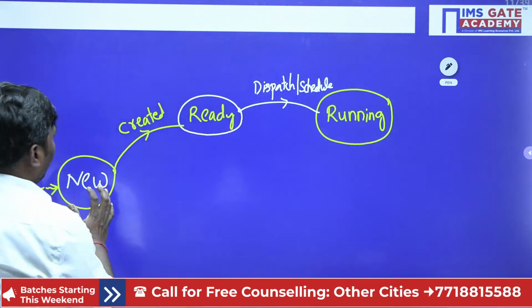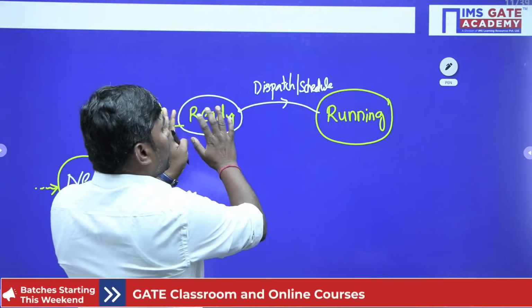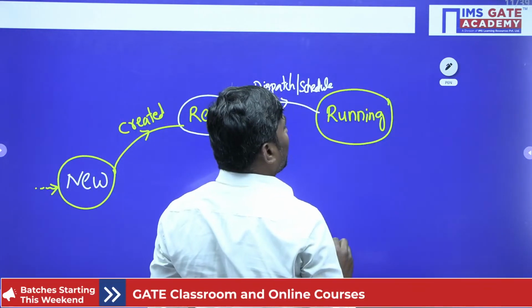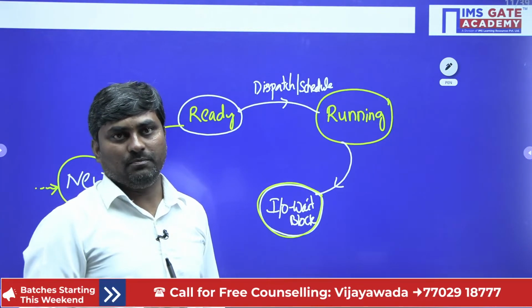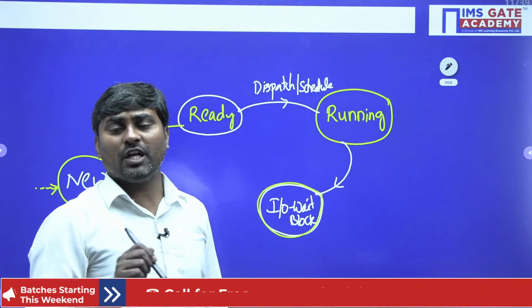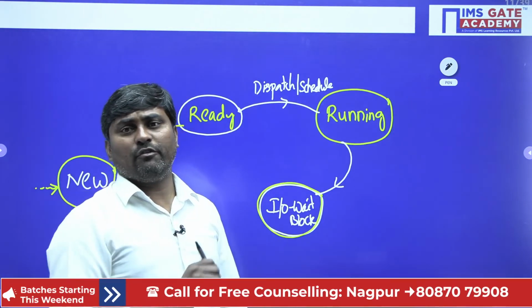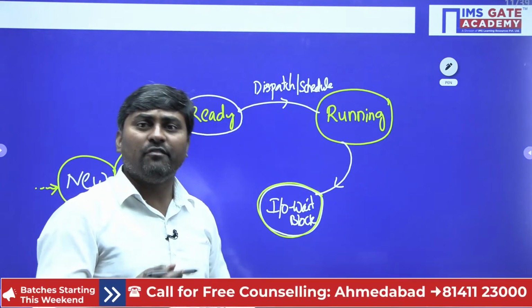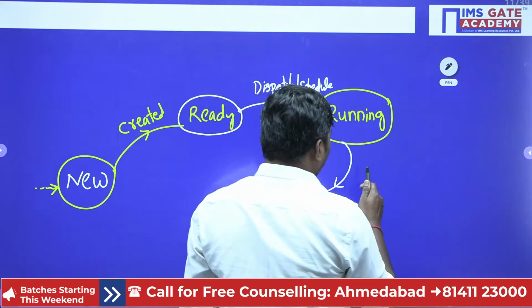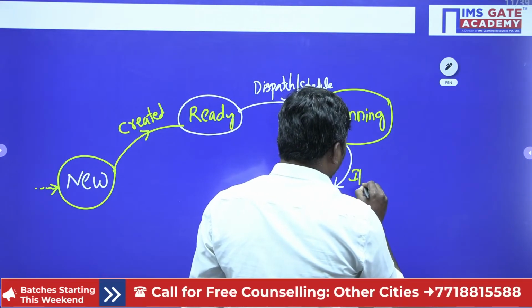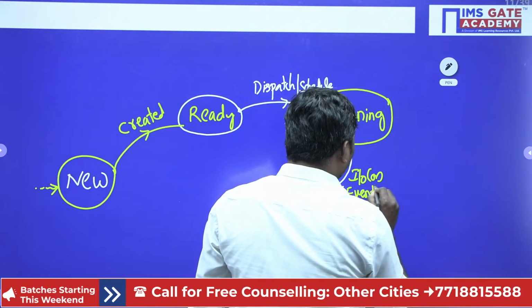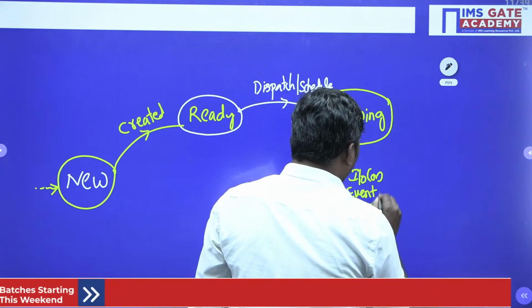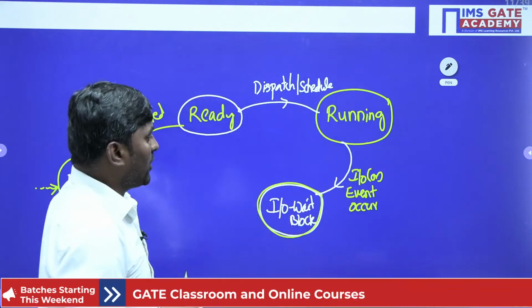After creation I am loading the process here, then scheduling it based on the availability of the CPU. Now the process starts execution. If the running process requires any IO activity or any event occurs, the running process goes to IO activity.